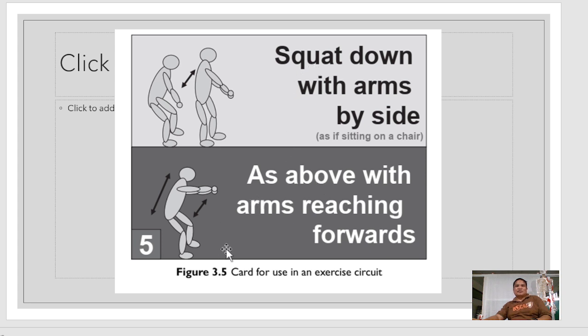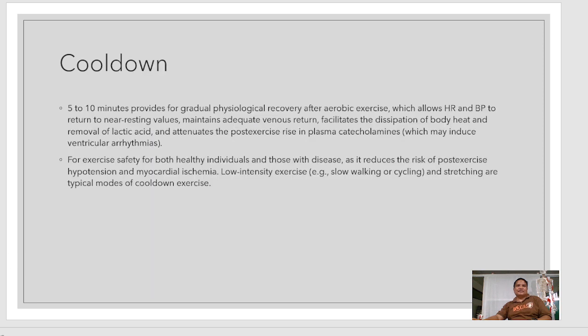Okay. So, example lang na, at the start, pwede na siya nga squat down with arms by side. Ang progression niya na is squat with arms reaching forward. So, that is an example of progression sa exercise. Okay. Then you have your hold down, which is 5 to 10 minutes.